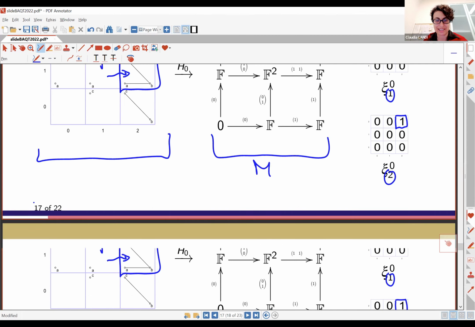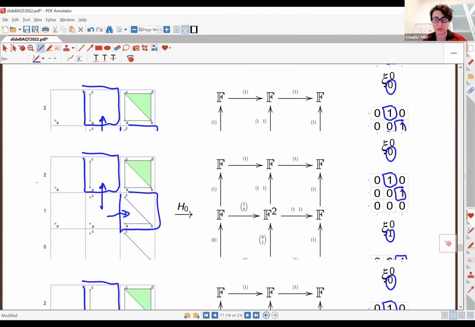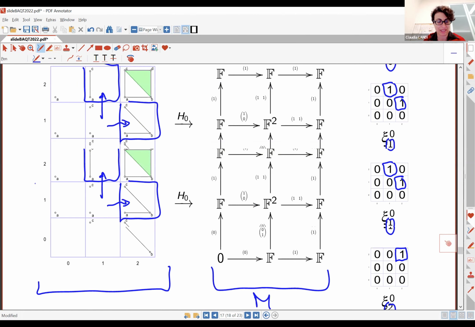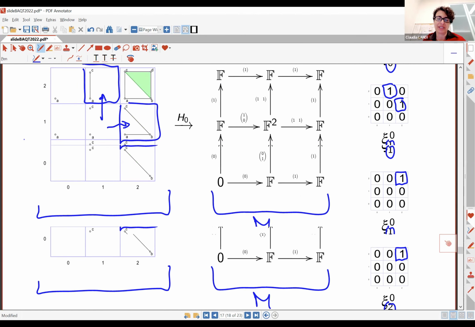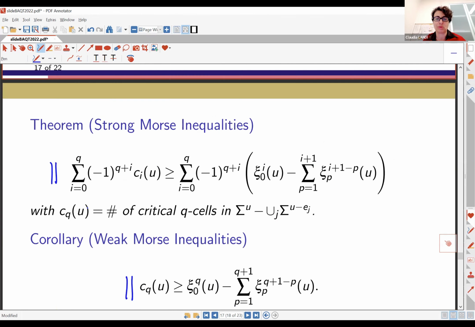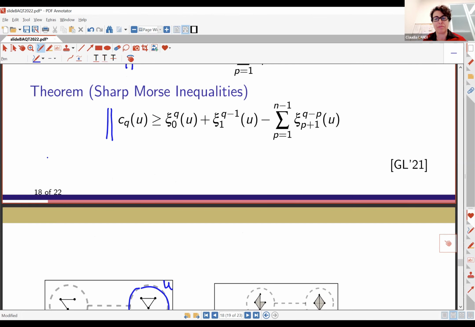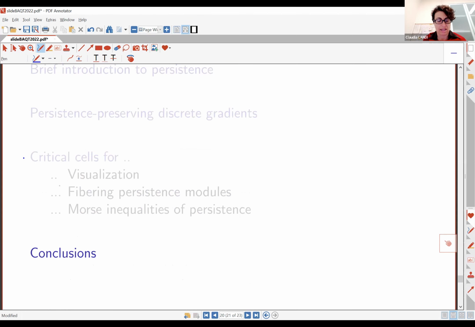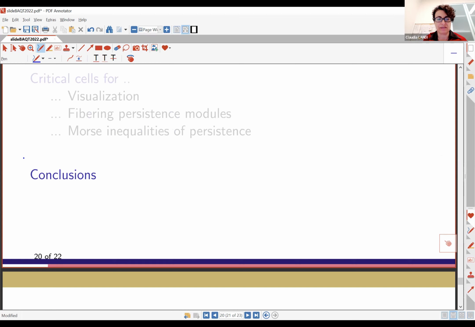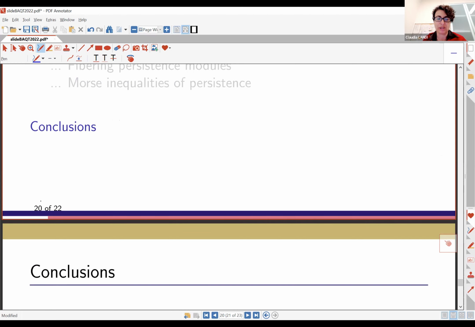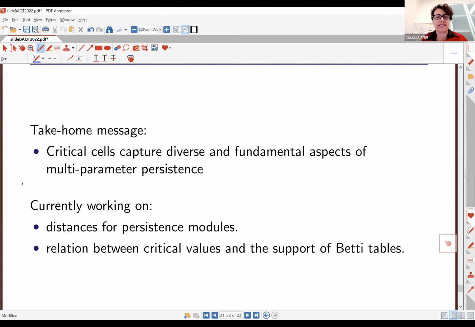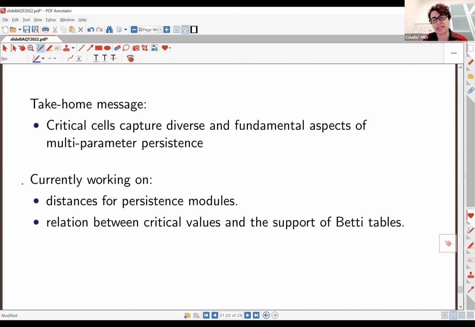By the way, this is a research group that was born during the last Women in Computational Topology meeting. We are trying to use critical cells to better describe the matching distance, in the sense that we believe, but do not have the proof, that the matching distance is always realized by lines.